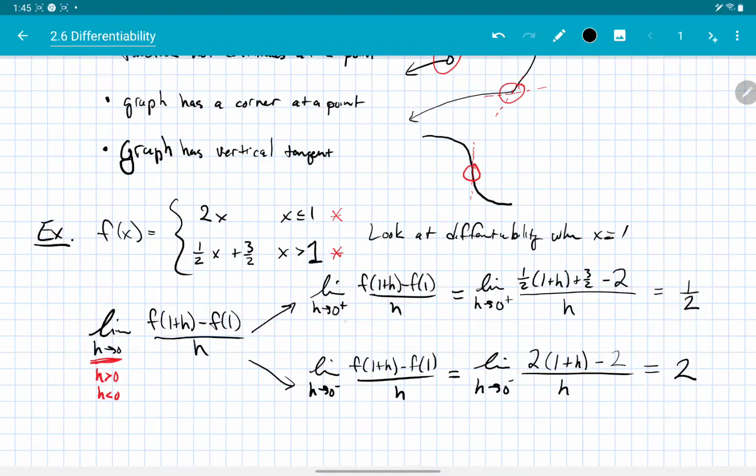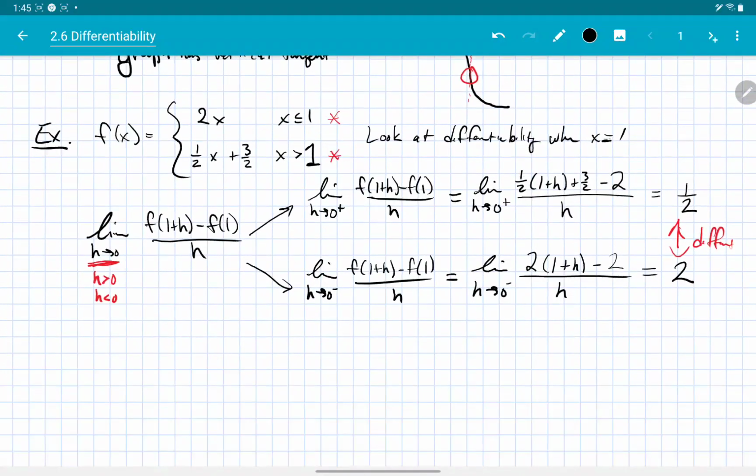Since the right and left side limits do not agree, we would say here the limit does not exist. So f is not differentiable at x equals 1.